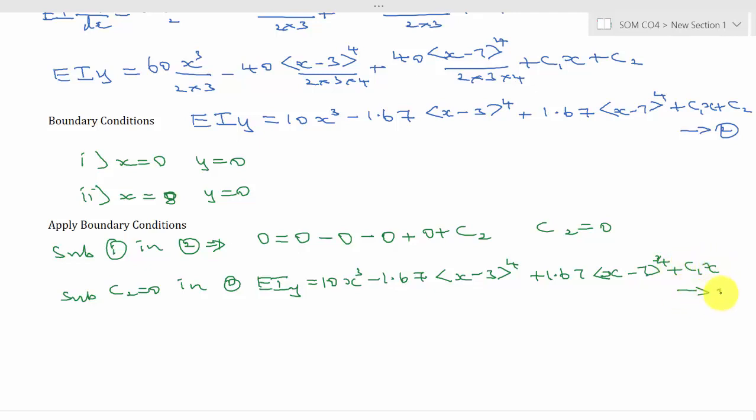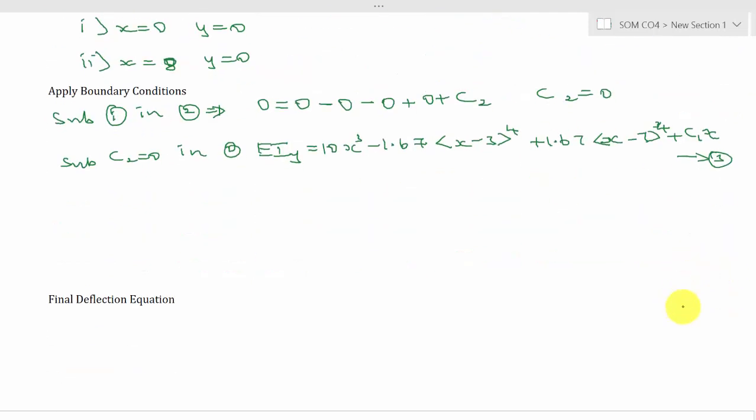So let's say this is equation number 3. So now substitute the second boundary condition in equation number 3, that is the above equation.